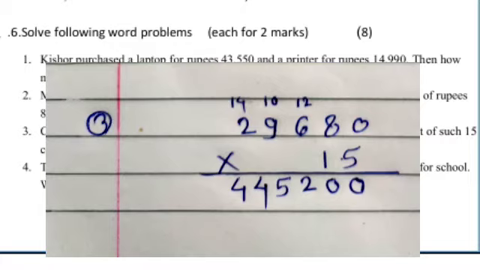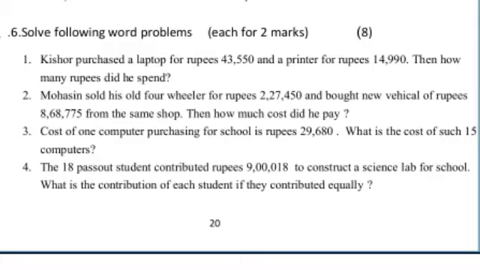We multiply directly by 15 because we know the table of 15, and the answer is 4,45,200. Cost of 15 computers. The condition is that in every word problem you have to write a sentence properly.